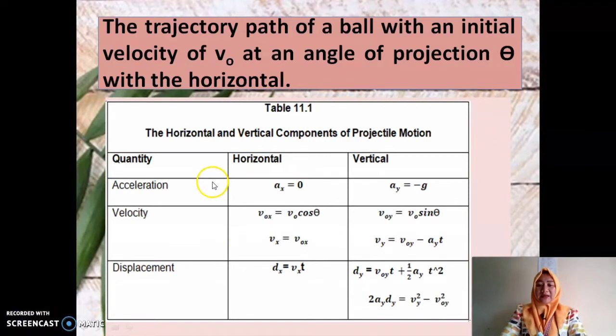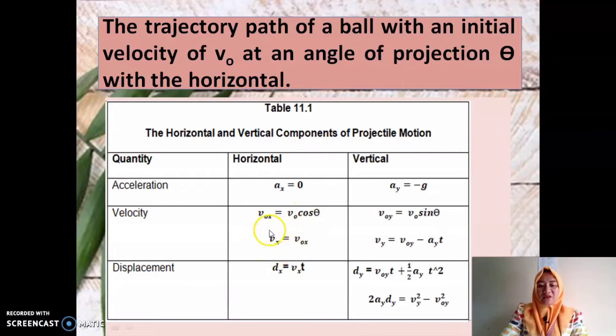The horizontal and vertical components of projectile motion can be calculated by the following equations. For acceleration, our horizontal acceleration is equal to 0, and our vertical acceleration is equal to negative gravity. Remember the value of gravity, which is 9.8 meters per second squared. Our horizontal velocity is equal to initial velocity times the cosine of theta.